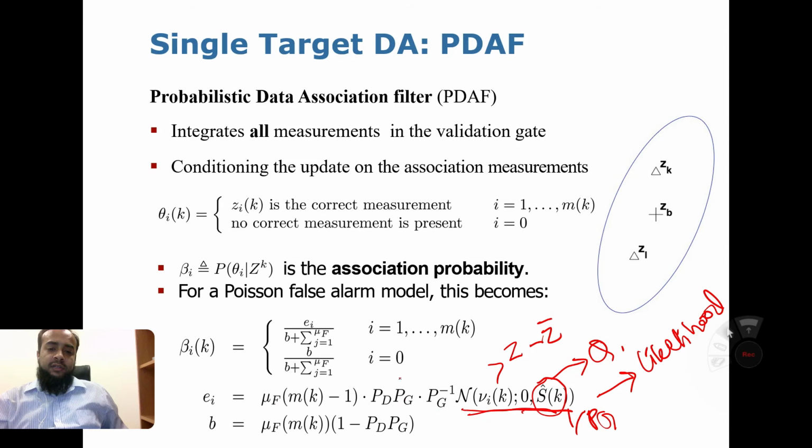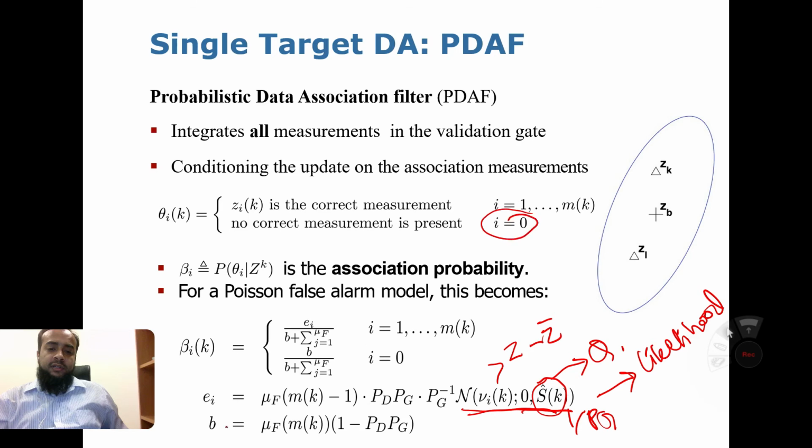Suppose there is a null set of measurements, meaning theta_i at scan k is an empty set, with zero measurements.